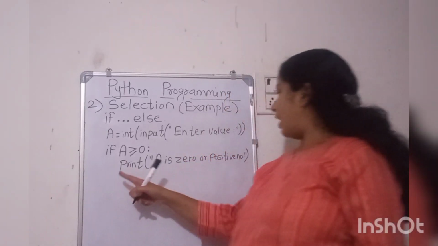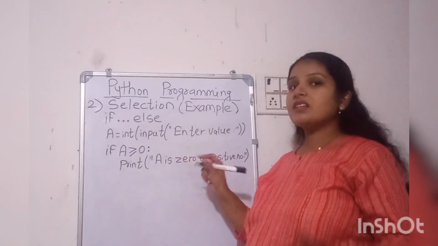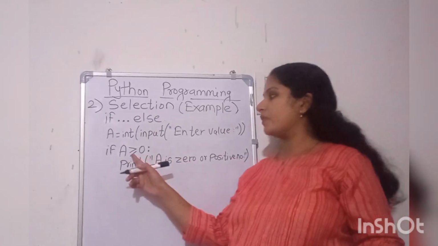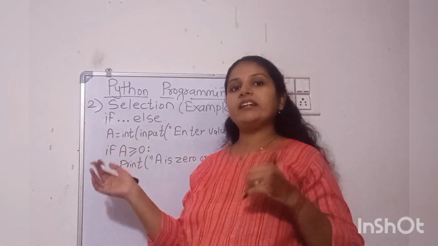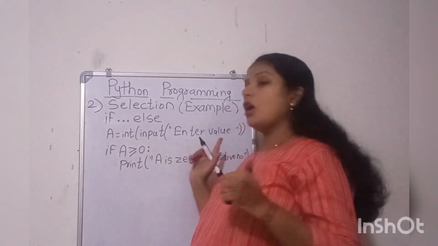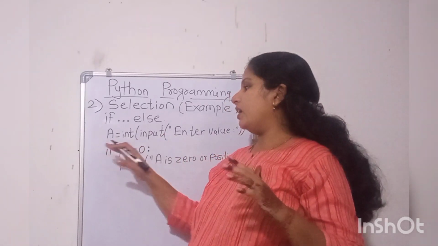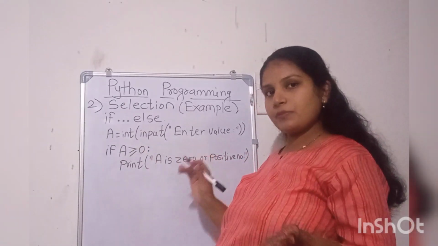We are checking two conditions here: either A would be 0 or it is greater than 0, that means it is a positive number. So if A is greater than or equal to 0, I am printing this message.